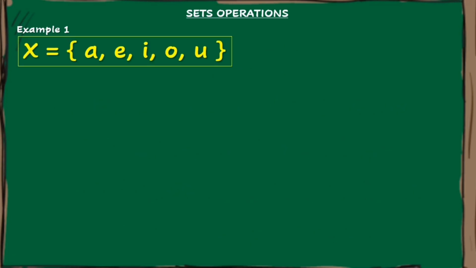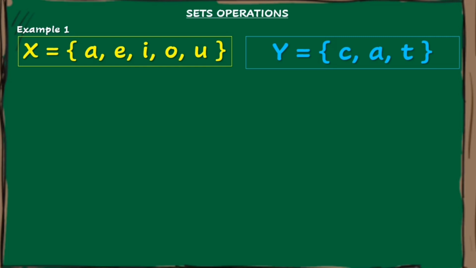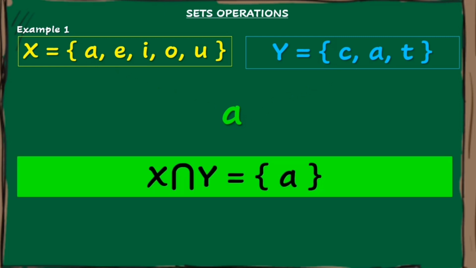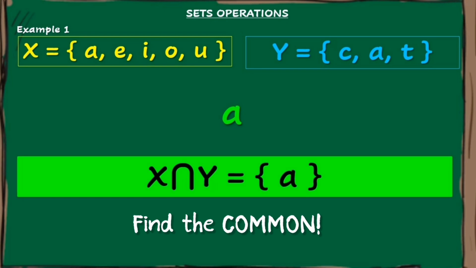Example, set X, which contains A, E, I, O, and U. Set Y, which contains C, A, T. Examine the elements of the two sets and tell me the common element of set X and Y. In this example, the only common element is A. This set is now called the intersection of set X and Y. We will use this symbol for intersection of sets. The keyword here is just find the common.